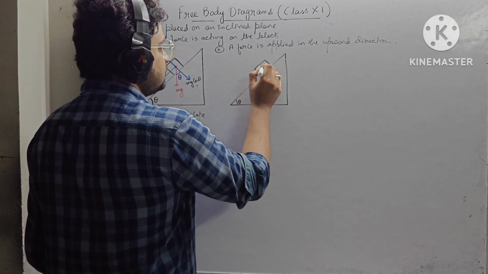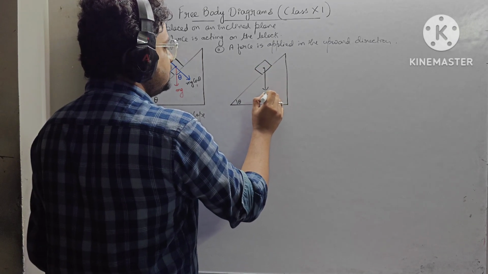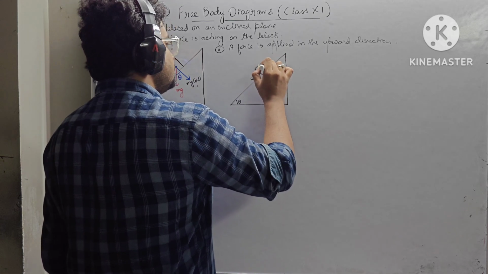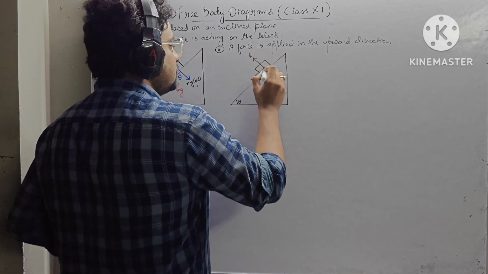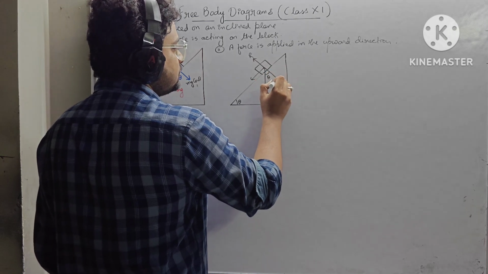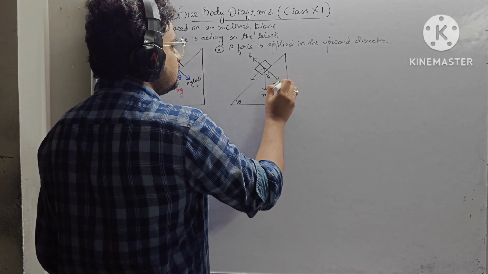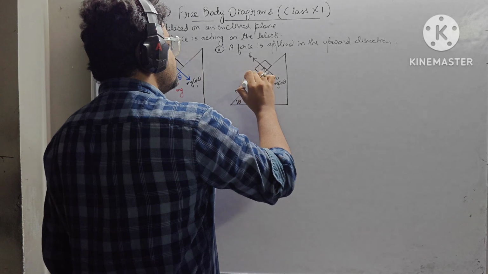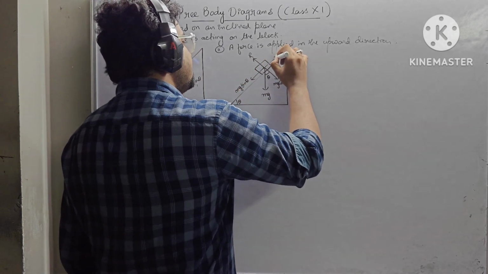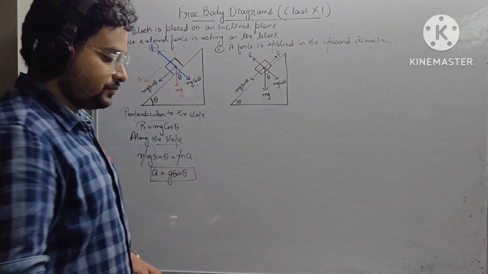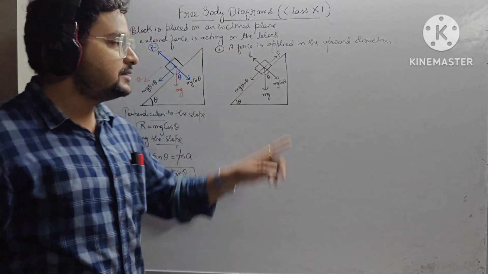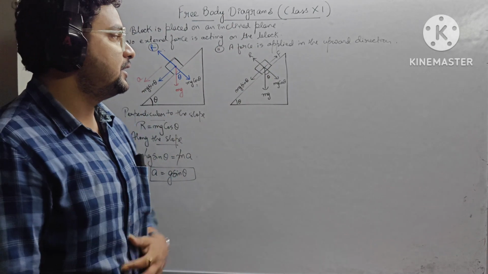This is theta. This is mg. So these are the two components of mg. This is R. So this one also will be theta. This is mg cos theta. This is mg sin theta. Okay. And in this direction I am applying an external force. This is the external force which I am applying in this direction.